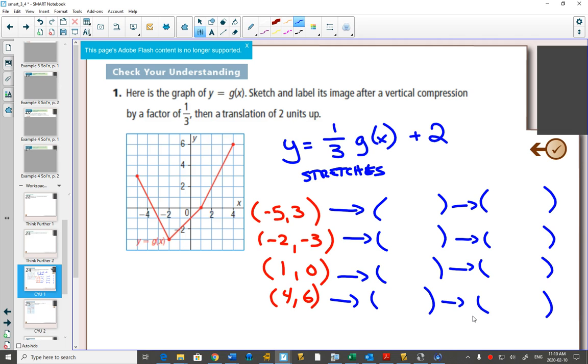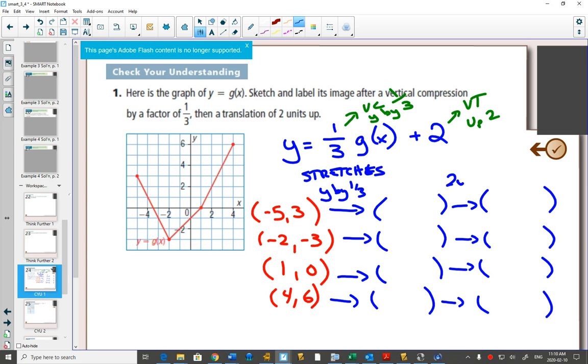And underneath, what are we going to do? Well, this 1/3 is a vertical compression. You're going to multiply your y values by 1/3. So above here, I'm going to write y by 1/3. And the plus 2 is a vertical translation. You're going to go up 2.